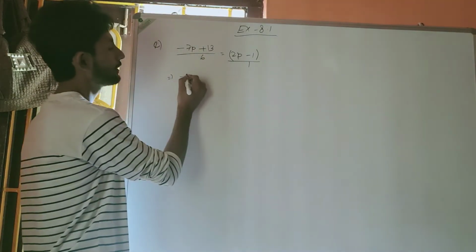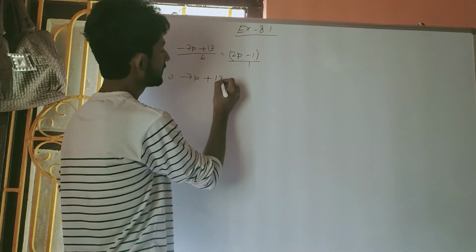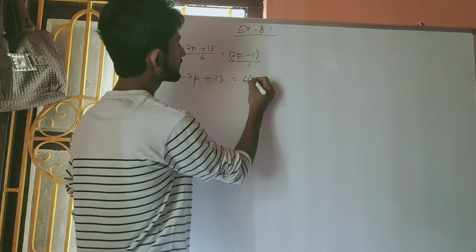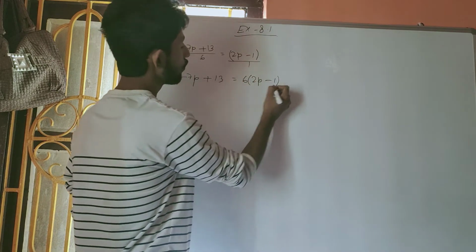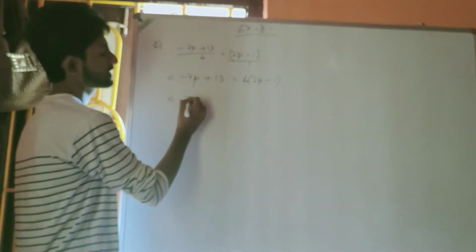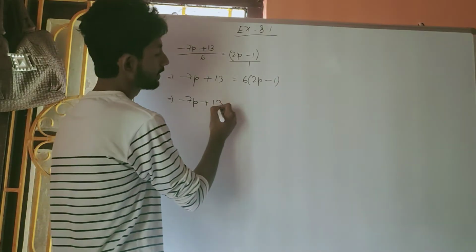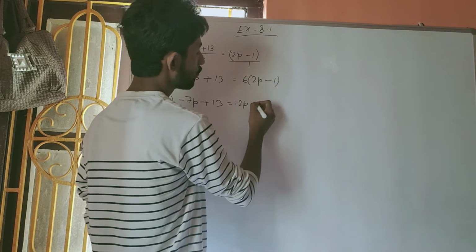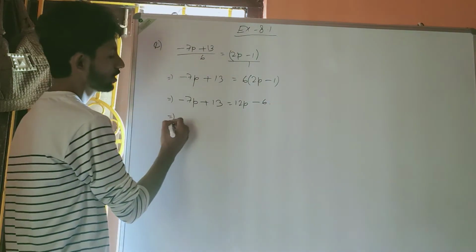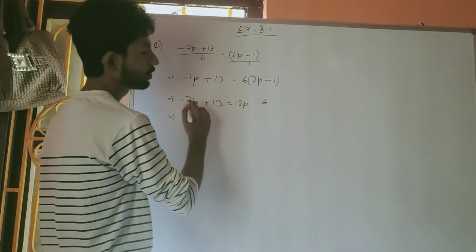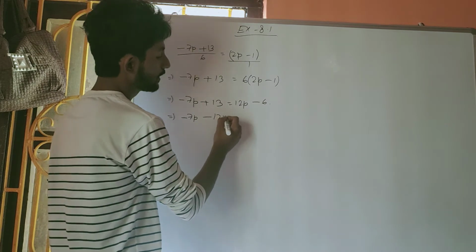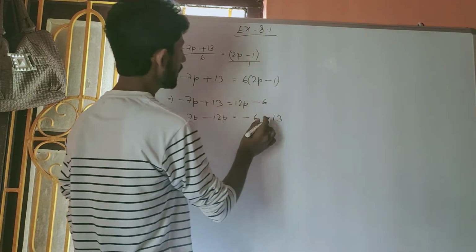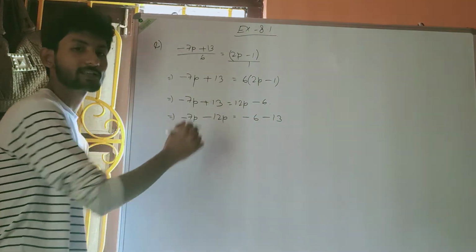So it will be minus 7p plus 13 equals 6 into 2p minus 1. So minus 7p plus 13 equals 6 into 2, 12p, 6 into 1, 6. So minus 7p and 12p will come this side, so it will be minus 7p minus 12p, which is equal to minus 6 minus 13. Why minus 13? Because here is plus 13.